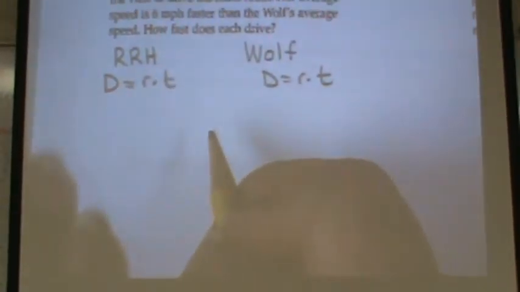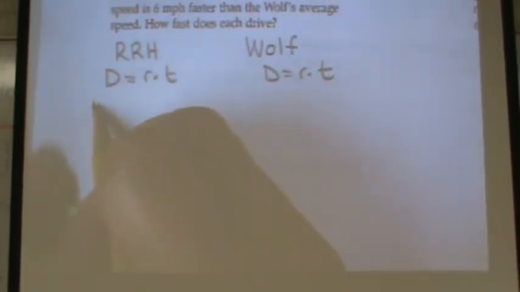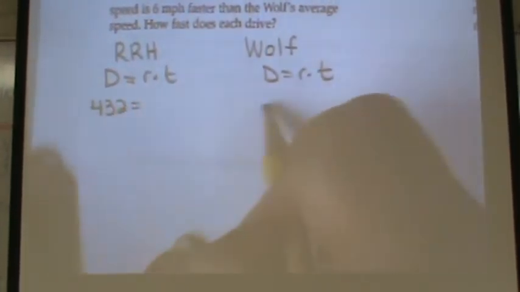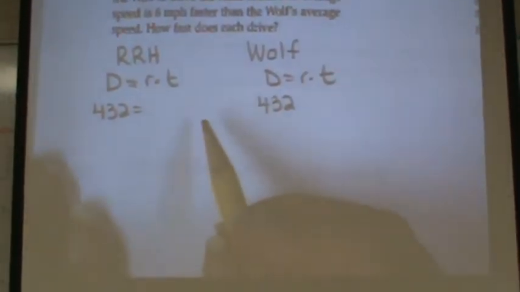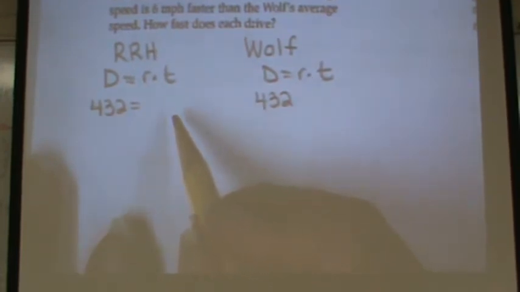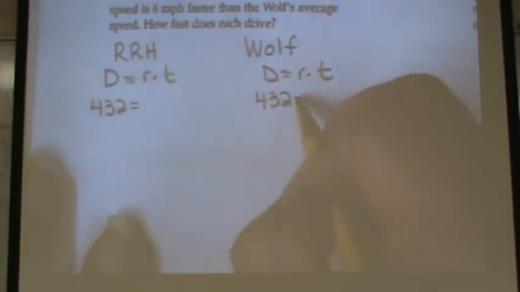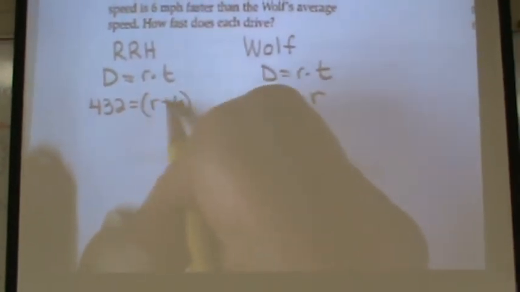It says that to go to grandmother's house, it's 432 miles. So both Red Riding Hood and the wolf are going 432 miles. But it says Little Red Riding Hood's average speed is 6 miles per hour faster than the wolf. So if we don't know what the wolf's is, Red's is 6 more than that.